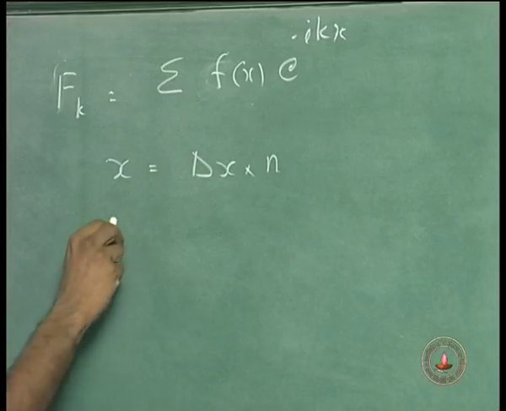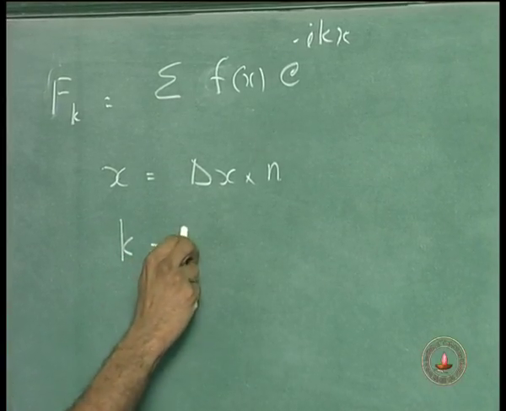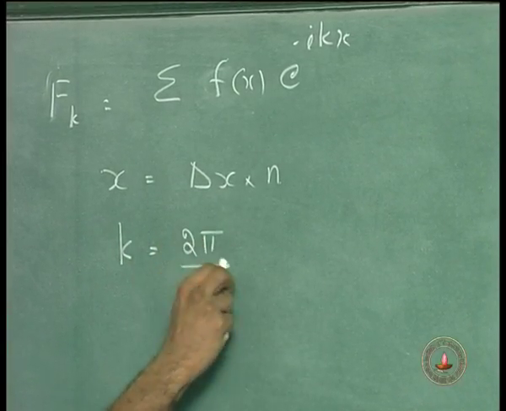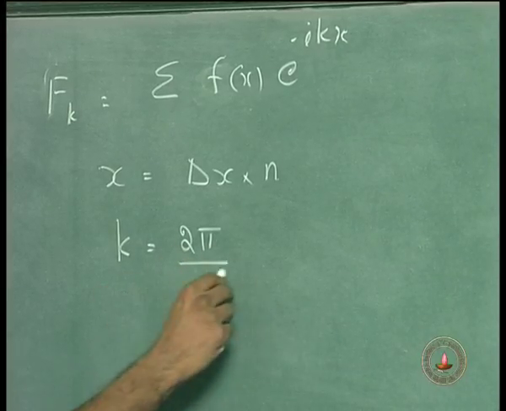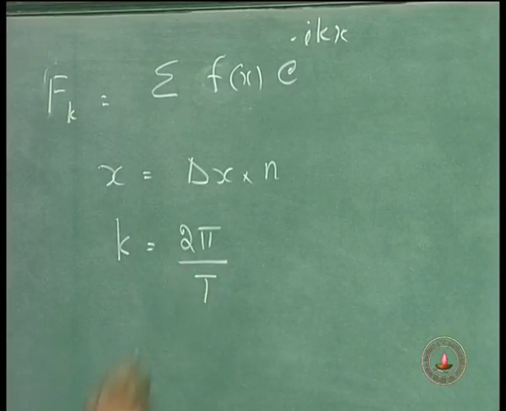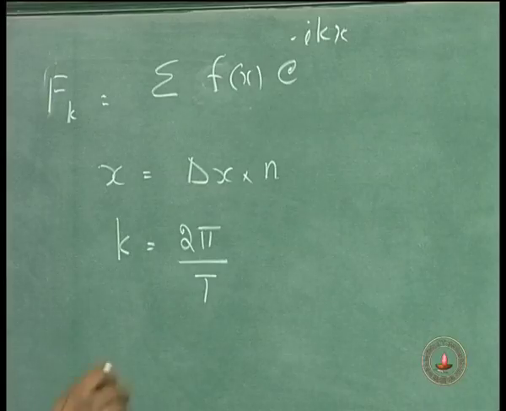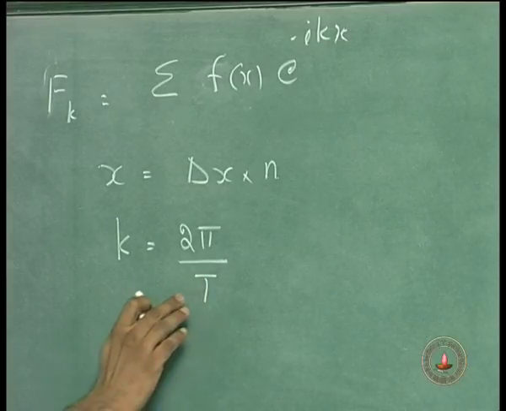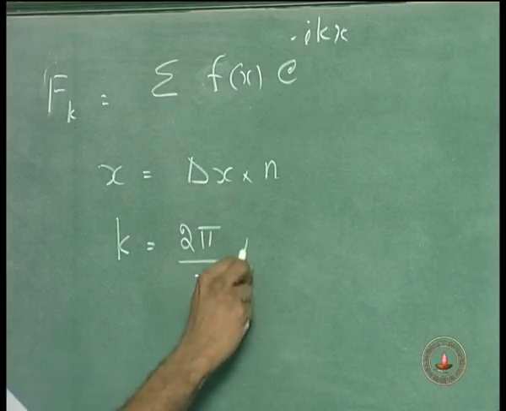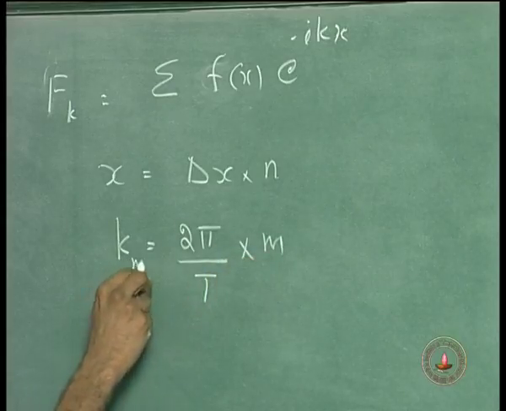Similarly, our k value is 2 pi divided by whatever the interval is. Let's say T is the total interval, and then 2 pi by this total interval multiplied by some m is our km.